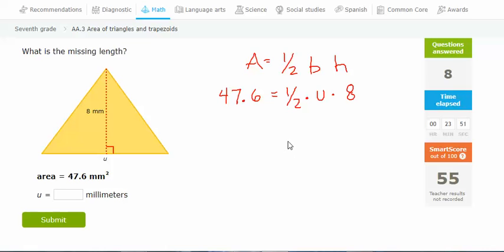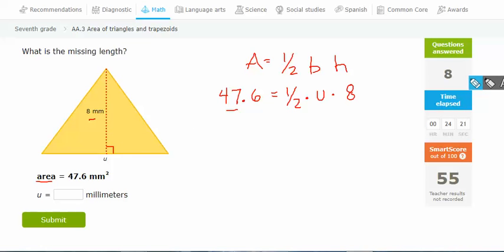Alright, so to solve this problem, you first start with the formula and then you substitute the values. So area, they tell us right here, so you substitute area with 47.6. Then the rest of the formula is half. We don't know what the base is, so we substitute u, and the height we know is 8.